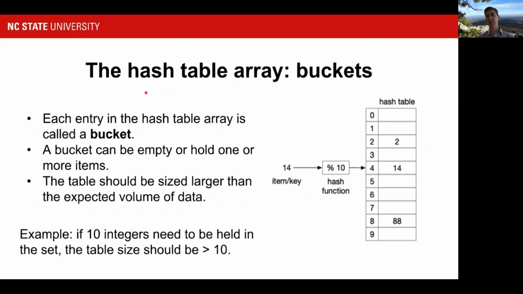Oftentimes, for this hash table array, we call each entry in it a bucket. And a bucket can be empty, meaning it has no data, or it can hold one or more items of data. It's important that our table have enough buckets, and that those buckets can hold enough data that however much data you expect to be in the hash table, you should be able to hold that much data in the array.